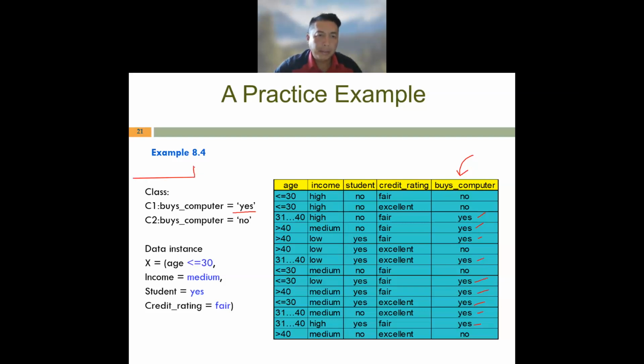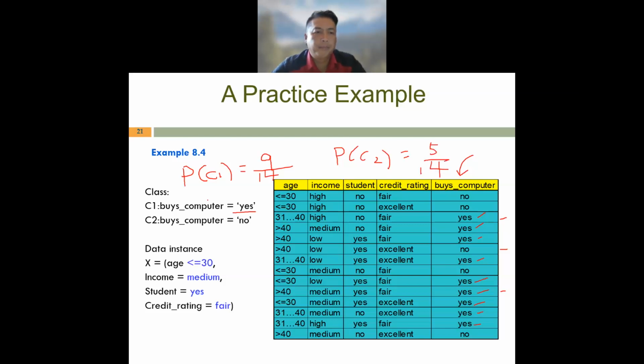So the probability of C1 is 9 over the total, which is 14. And the probability of having class 2 will be 5 over 14.